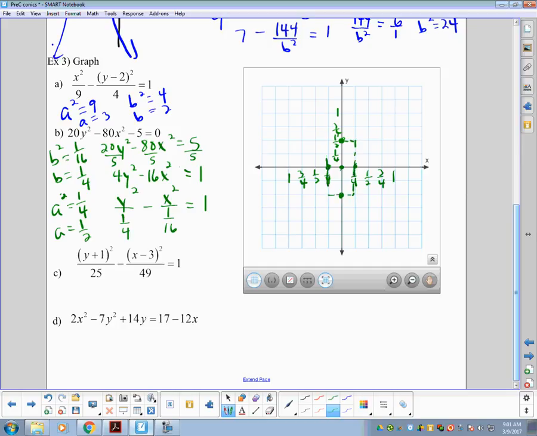Draw my hyperbola box. So 1/4 left or right, 1/2 up and down. Draw in my asymptotes. And then it's going to open upwards. The purpose of that one is to demonstrate that even if you have a coefficient in front of the x² or y², you can move it down and just write its reciprocal underneath.